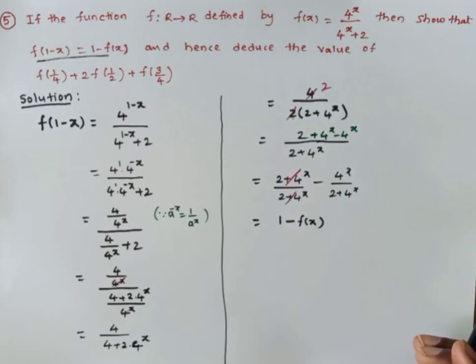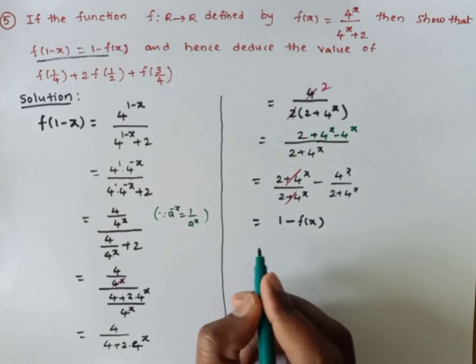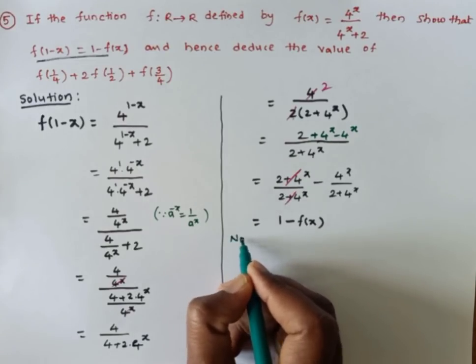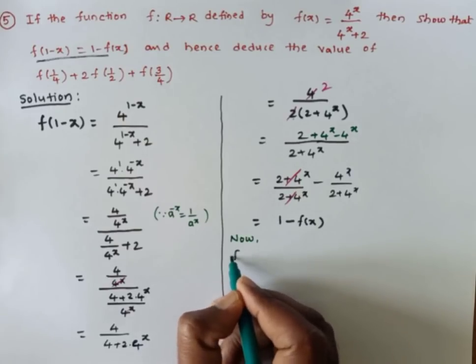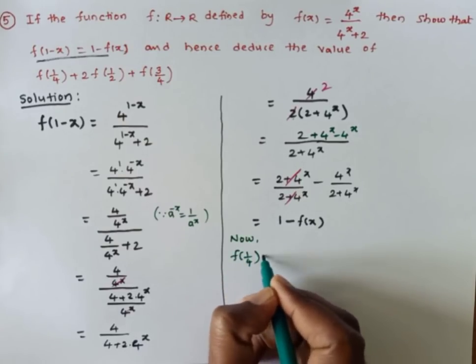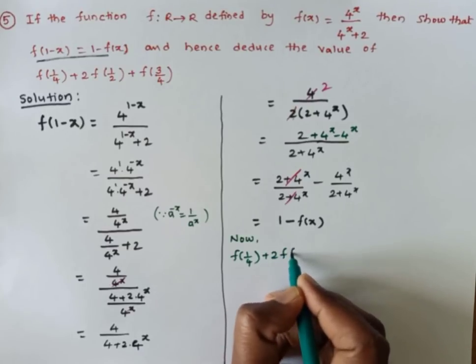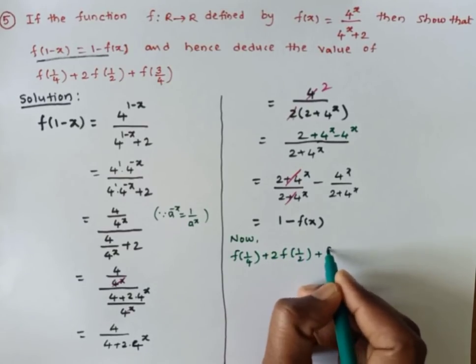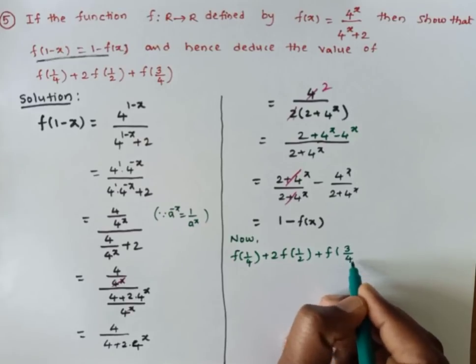Now, by using this relation, you need to find the value of f of 1 by 4 plus 2 into f of 1 by 2 plus f of 3 by 4. Now, you need to deduce. Find this value f of 1 by 4 plus 2 into f of 1 by 2 plus f of 3 by 4.